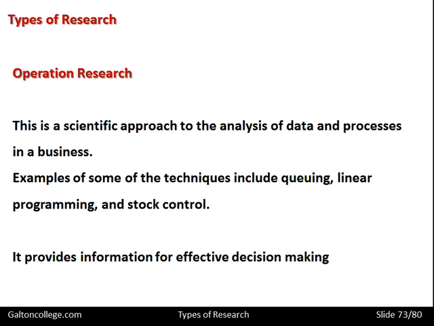I think that's probably all we need to deal with in the context of the different types of research. If you go online and look at types of research, you'll find many listed on many different sites. I think the list we've got here is more than adequate.